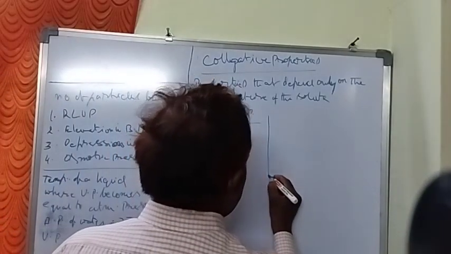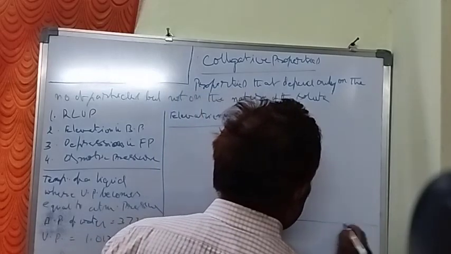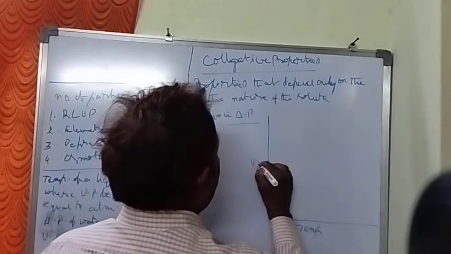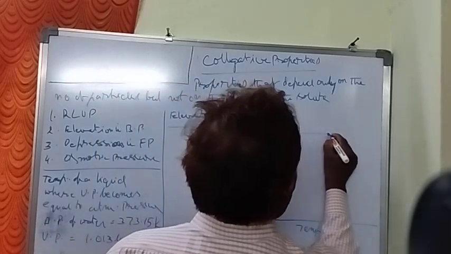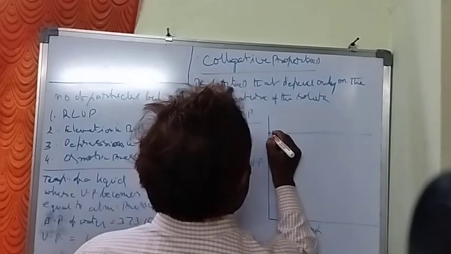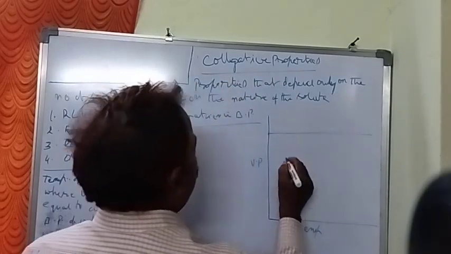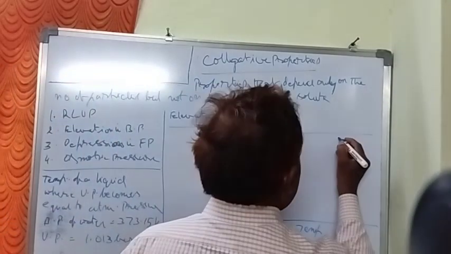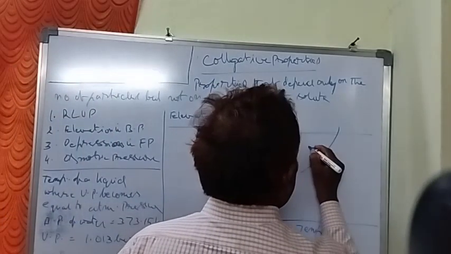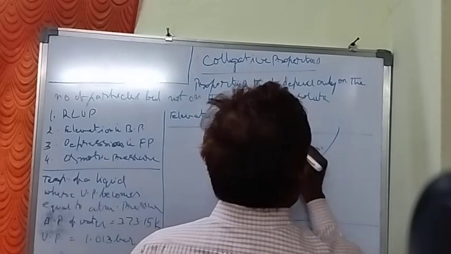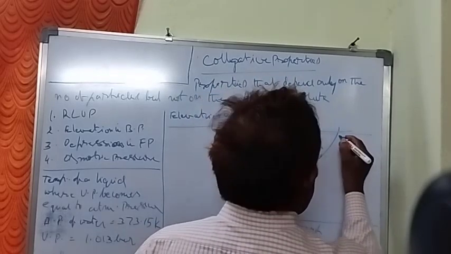This is temperature, this is vapor pressure, and of course this is 373. Now the vapor pressure of a pure liquid: this is the curve of the pure liquid.